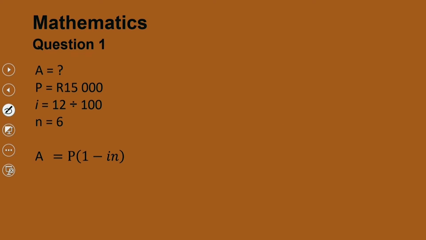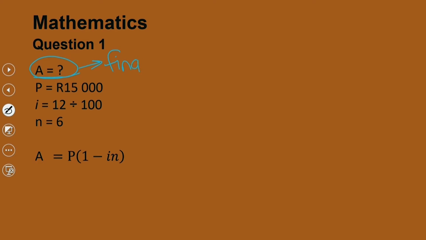So what has been given to us? The very important information is, first of all, we can see that we need to calculate the value of A, which is actually our final amount.